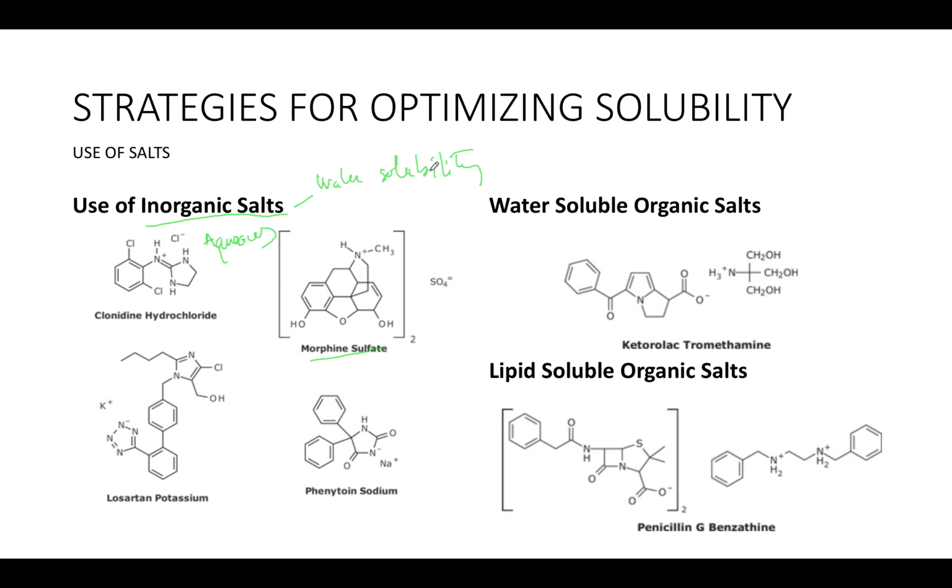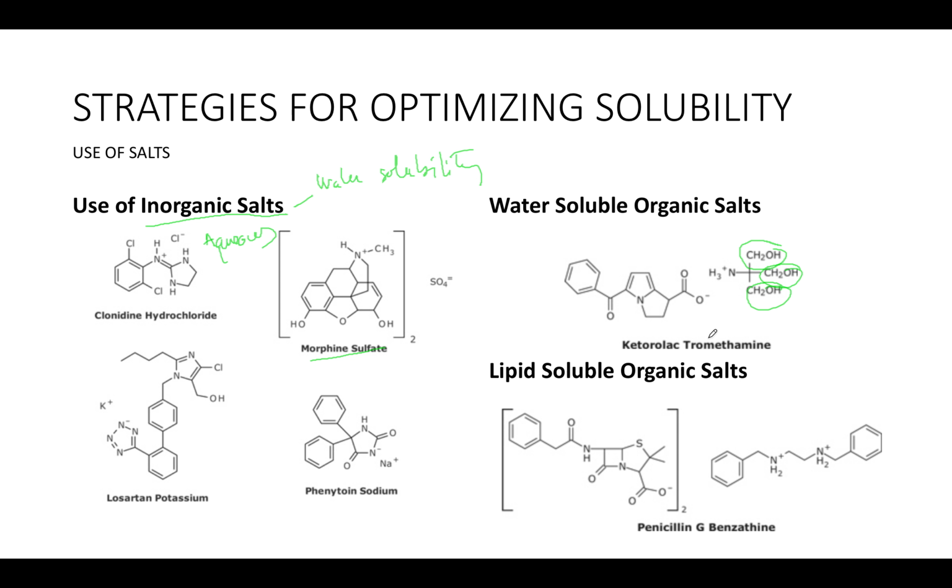Okay. When you have organic salts, if the organic salt contains a lot of hydrophilic groups, such as with ketorolac tromethamine, these are actually going to be water-soluble organic salts.